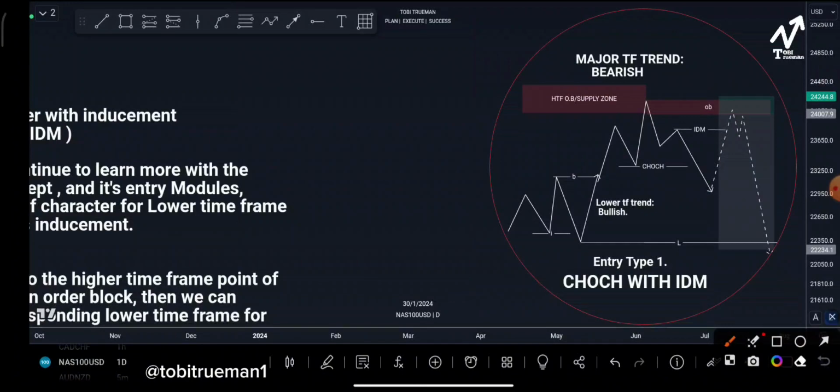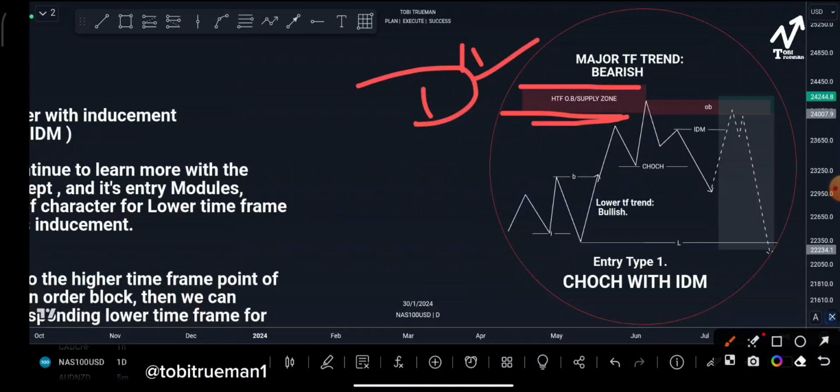So this is for a major time frame that is trending downward, that is a bearish trend. So when price taps into the higher time frame bearish trend POI, which can be an order block, it can be a supply zone, let's assume you are using the daily time frame as your higher time frame.